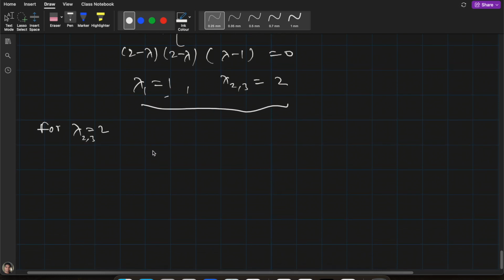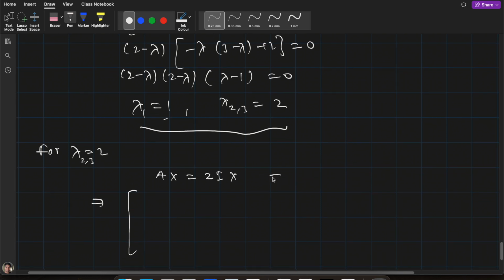I will just plug in this lambda. So Ax equal to 2 times Ix. So that matrix will be A minus 2I, and A minus 2I times x equal to 0.